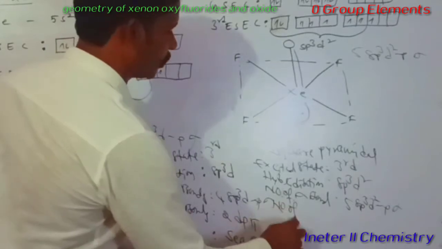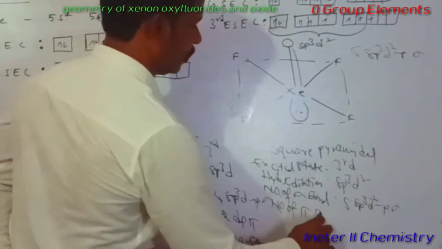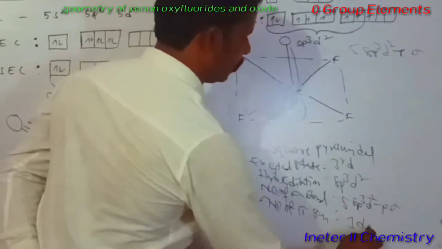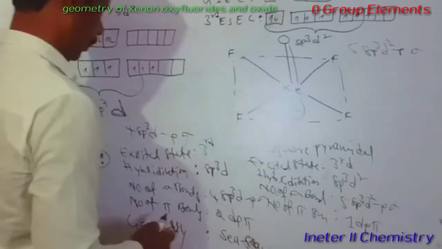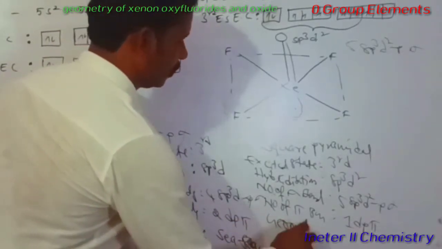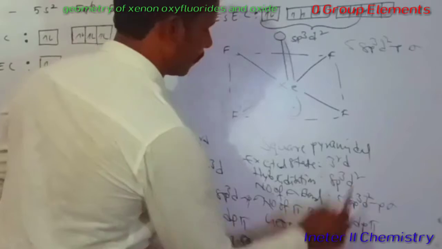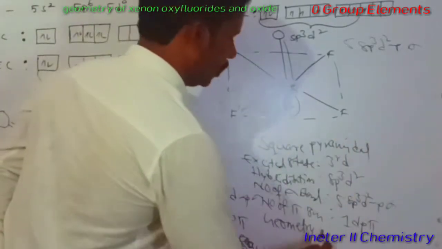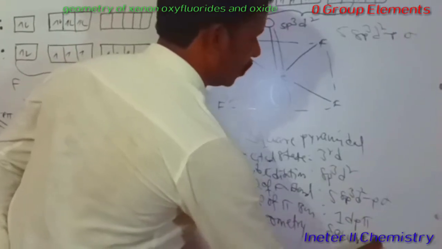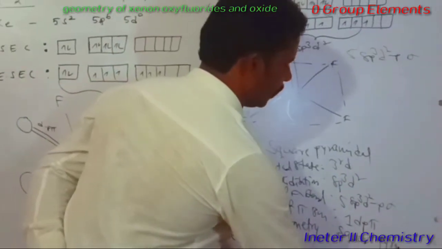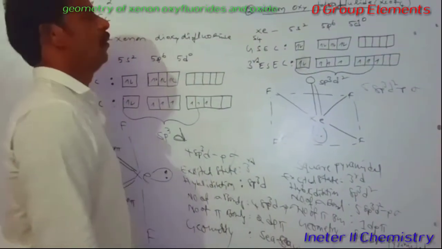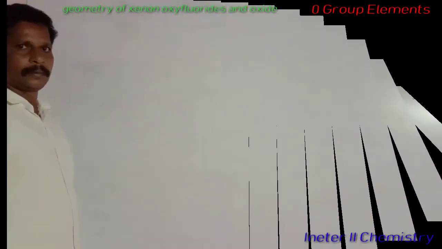Number of pi bonds: only 1 pi bond is there, 1 dp pi bond. So geometry, which one is it? Square pyramidal. Square pyramidal geometry. So this is the geometry of xenon oxytetrafluoride.